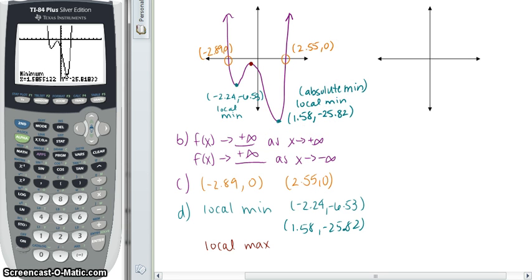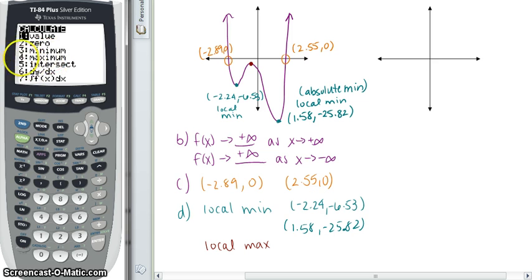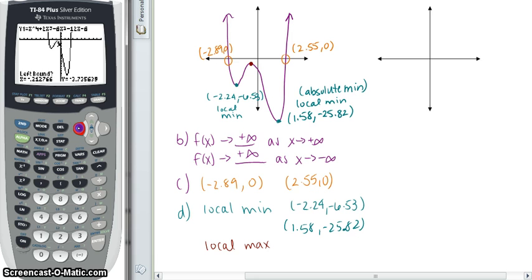Now to find our local max, we do the same thing, second trace, but we're going to go for option number 4 for our maximum. We move our cursor over so it's on the left side of our maximum point. Then we hit enter, then we move it over to the right side, hit enter again, then move the cursor towards the maximum point and hit enter for a third time.